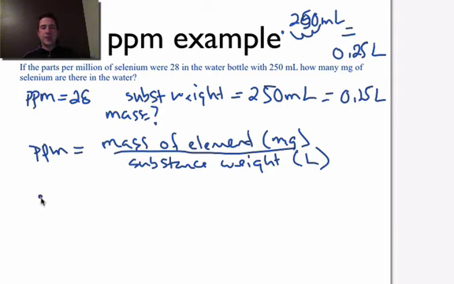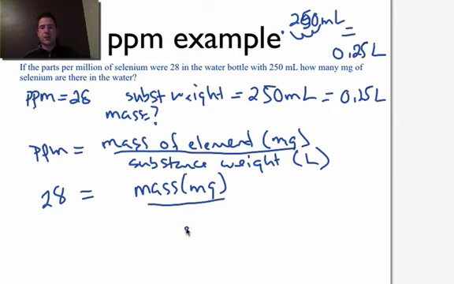Now what I need to do is substitute. I know my parts per million is 28, and I don't know my mass in milligrams, and I do know my weight. Substance weight is going to be 0.25.